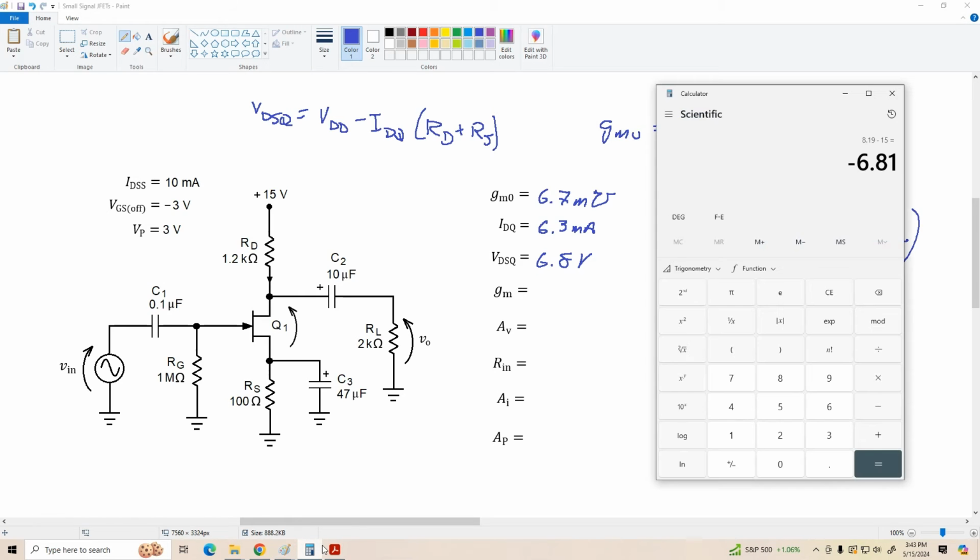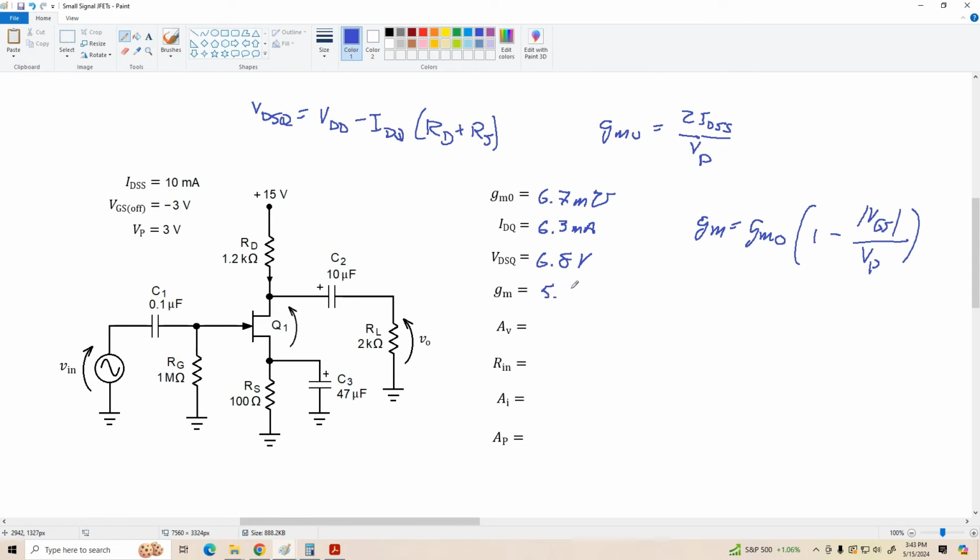VGS is going to be ID times RS, 6.3 mA times 100 is 0.63 volts, divided by 3 volts. Subtract that from 1, and we multiply times gm0, 6.7 milli, and that gives us a gm of about 5.3 millimhos.